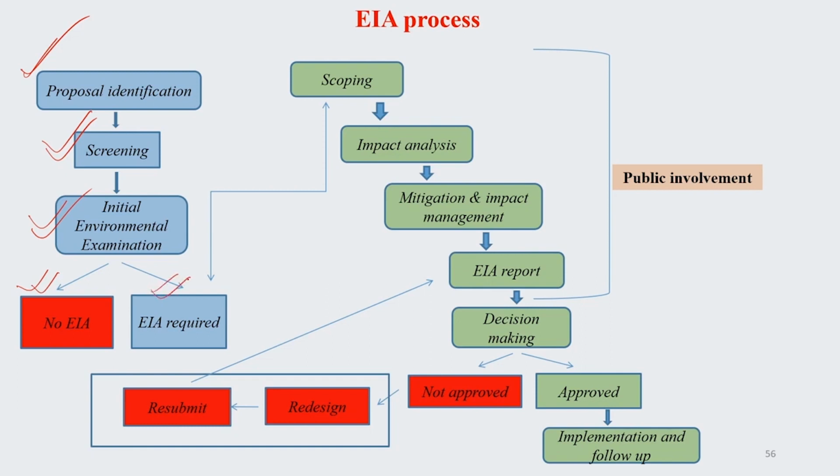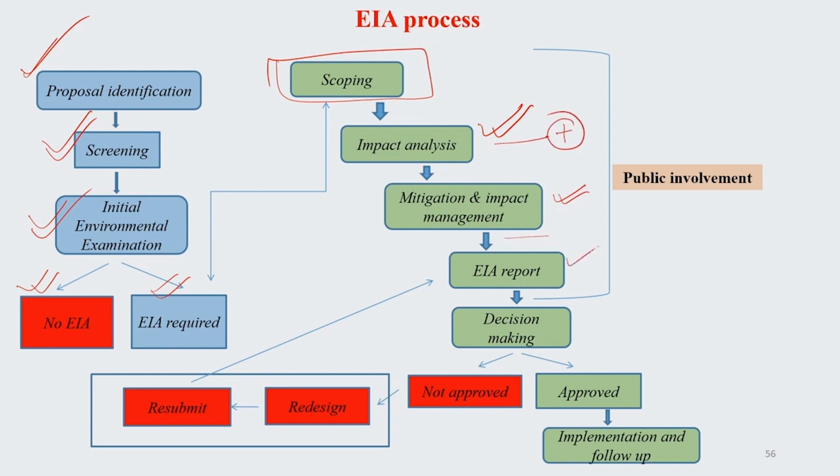Just now we discussed, right, that the World Bank follows a process where if it goes to category C, then no further EIA is required. The project can be allowed to go ahead. Then you have scoping to look at whether the proposed project has any impact or not. So, you go for impact analysis. Then you go for mitigation and impact management if you find that yes, this has some impact.